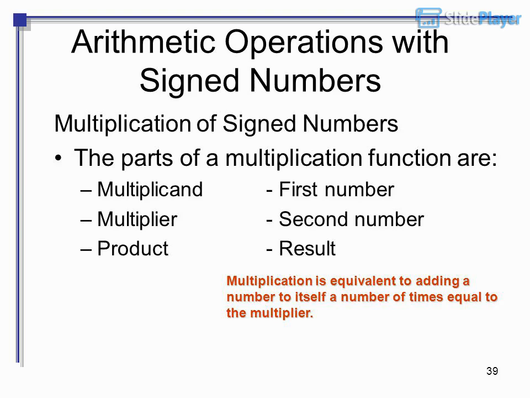Multiplication of signed numbers. The parts of a multiplication function are multiplicand, the first number; multiplier, the second number; and product, the result. Multiplication is equivalent to adding a number to itself a number of times equal to the multiplier.